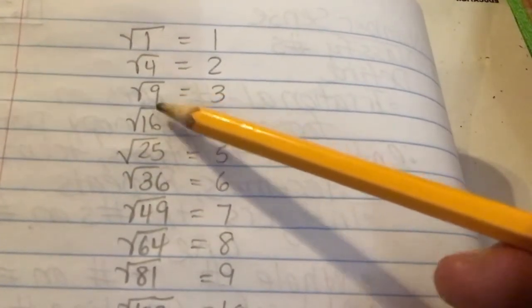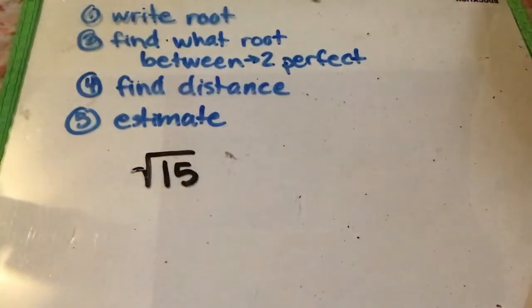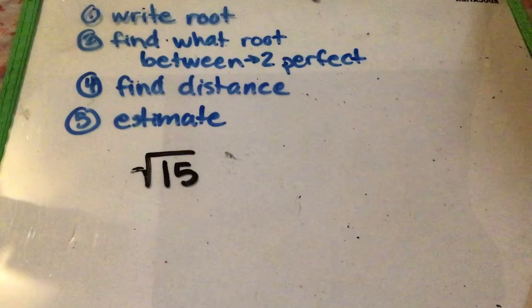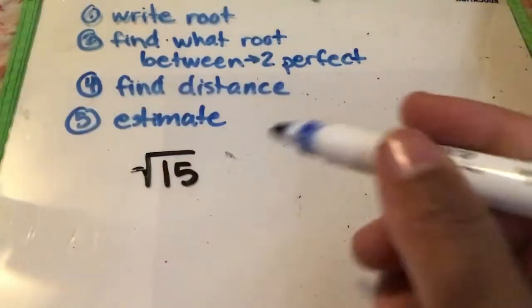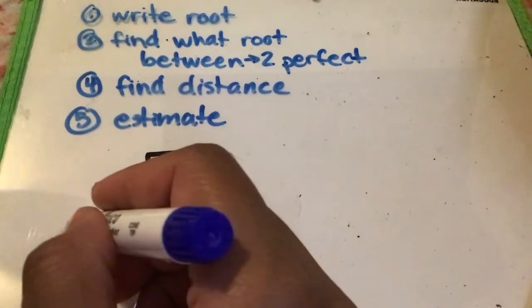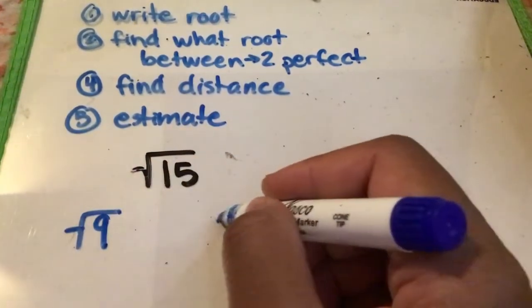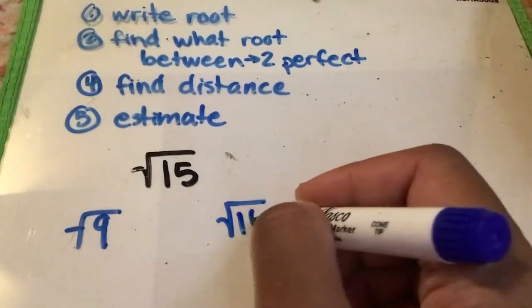So square root of 9 is my next smallest. Square root of 16 is my next largest. So that's going to be my step 2. Find out what two perfect squares your number is in between. So it's in between the square root of 9 and the square root of 16.